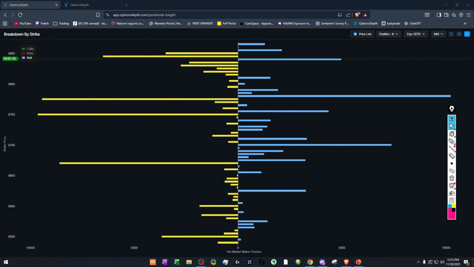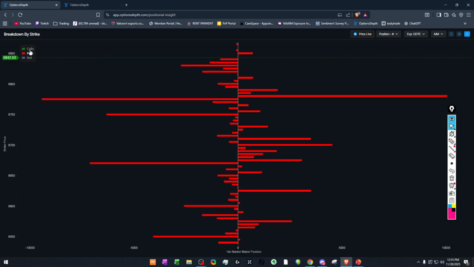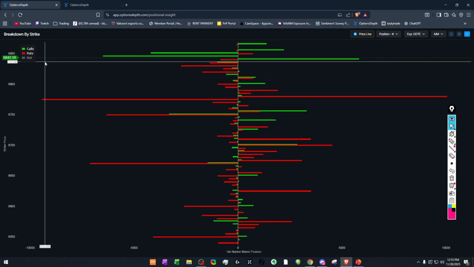A lot of the other ones use the naive approach, and what that means is they're just assuming that all puts are bought by customers and all calls are sold by customers. So market makers will always be short puts and long calls. And just looking at this data, you could see that that is not the case.